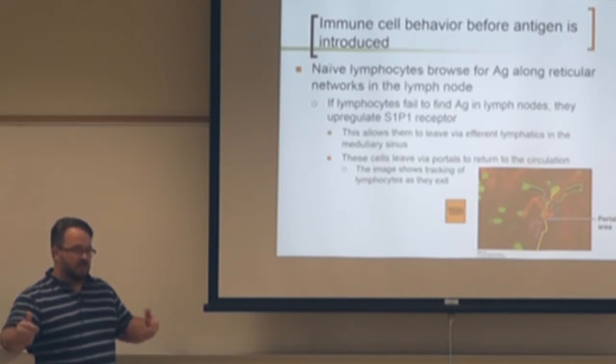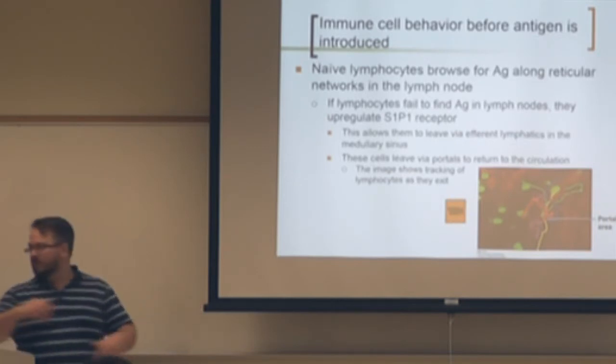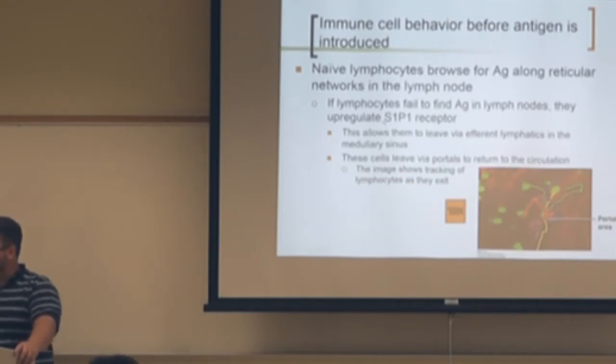Those Langerhans cells became activated, entered the lymphatic system, entered the nearest lymph node, and started presenting antigen to the T cells and B cells in that lymph node, saying, hey, something's wrong. Do any of you see something out of place on me? They start to probe those dendritic cells, and then the T cells and B cells start to do something.